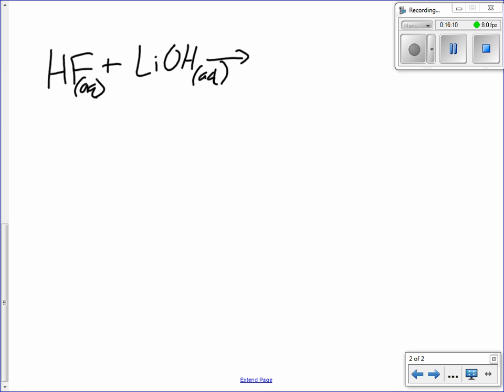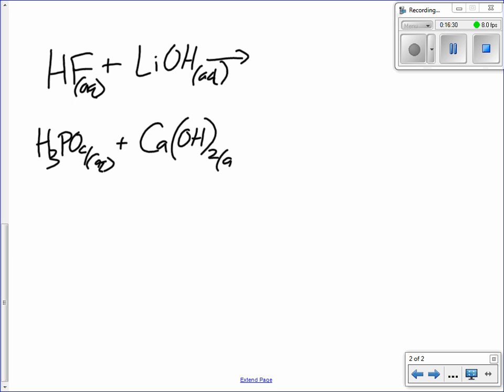So predict the products, balance the equation for that one, and let's do phosphoric acid, H3PO4, and we'll react it with calcium hydroxide. Alright? So predict products, make sure your subscripts are right, balance the equations, and you should be done.